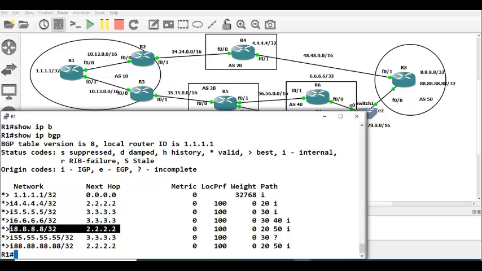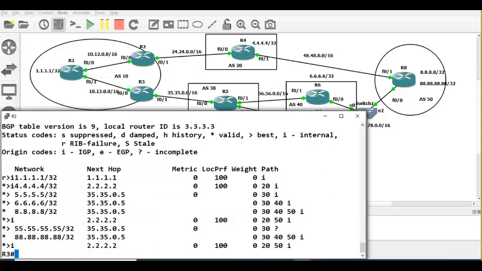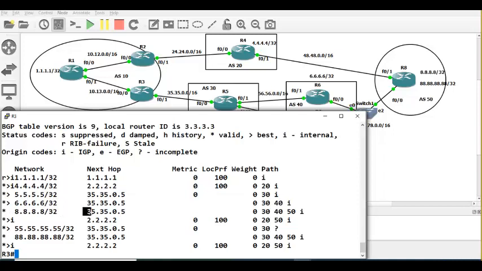So does R3's routing table not have the BGP route? See, R3 has got 8888, but according to R3, going via R5 is not a preferred path. You understand?